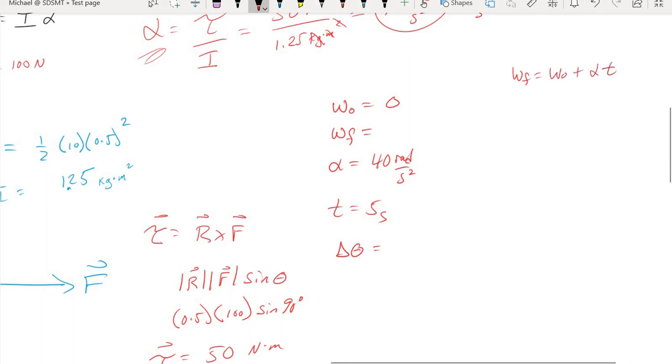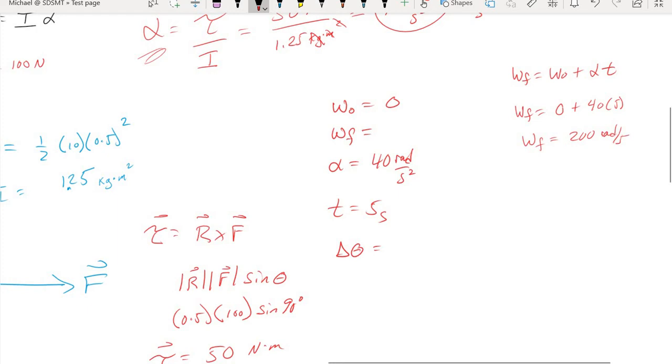We'll grab the appropriate kinematic equation for that, which is this one. We plug in the values of our angular acceleration and our time. And so we're getting a final angular velocity of 200 radians per second.